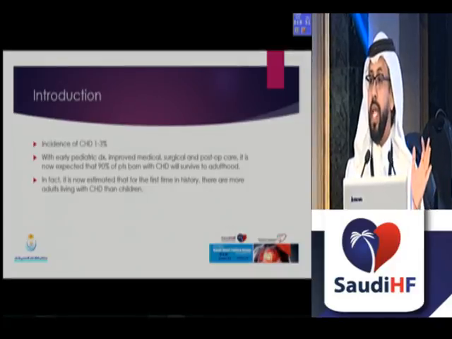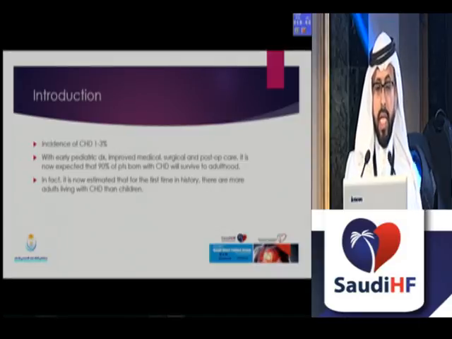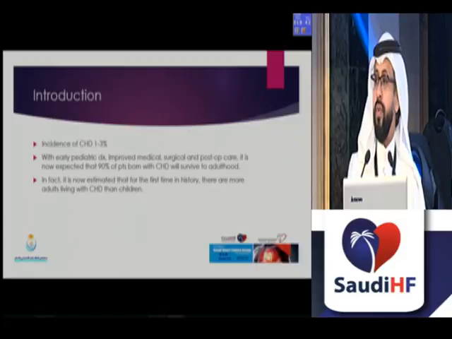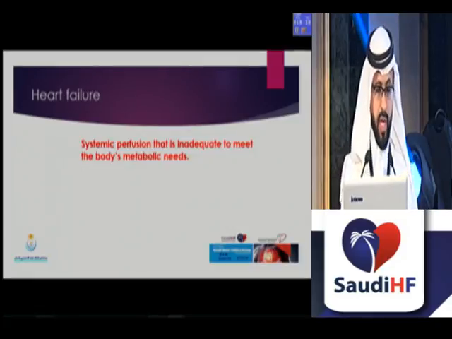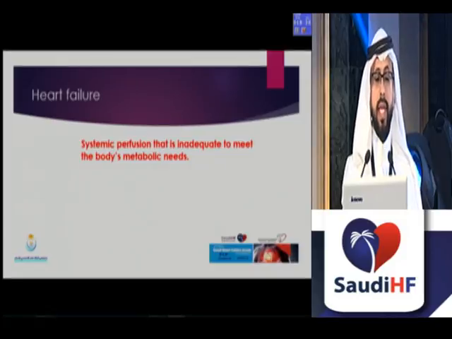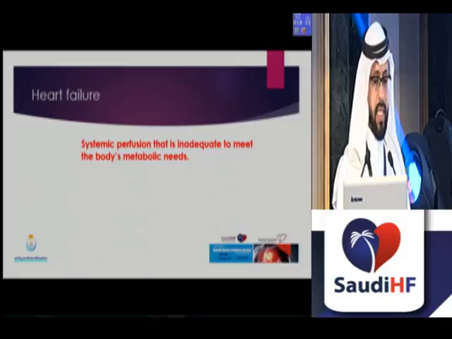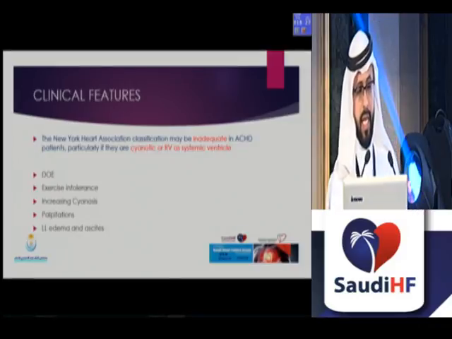Previously, we were losing like 25 or 30% of them. And for the first time in the USA, the number of adults with congenital heart disease exceeds pediatrics with congenital heart disease. The easiest definition for heart failure basically is when the heart fails to meet the body's demand.